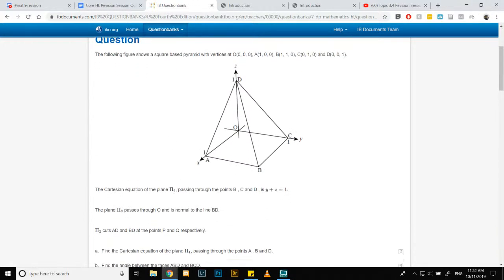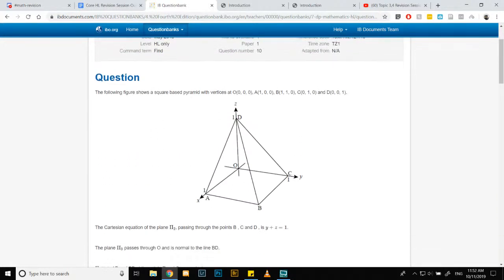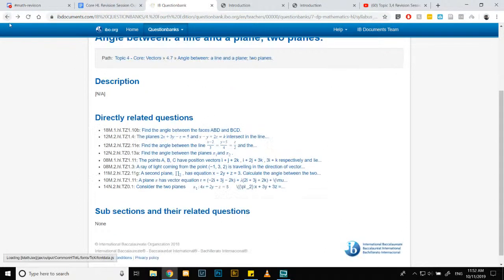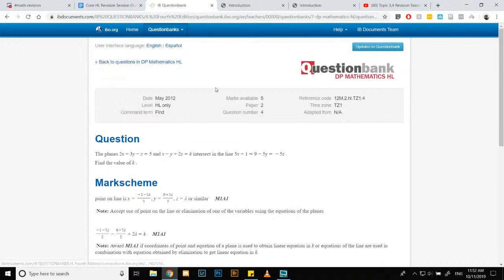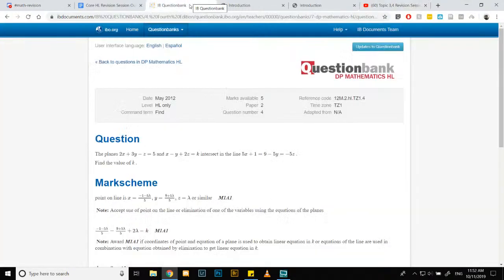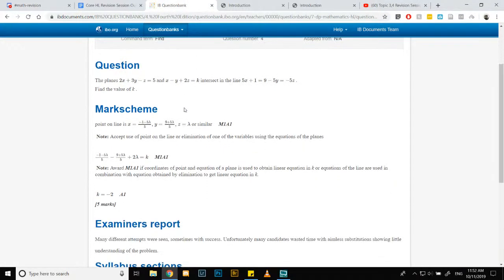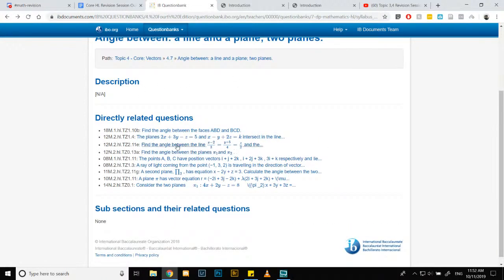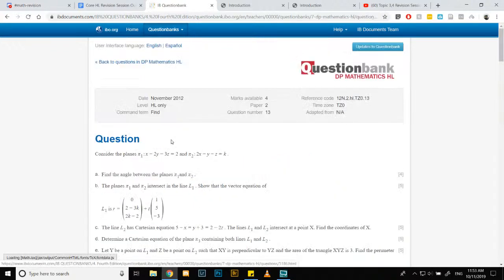Okay, yeah, this is not bad. And this one is finding the angles between different... Actually, no, I don't even want to do this one. Is anyone still watching? Yes, at least one person is watching. So your two planes intersect line. Oh, this is the exact same question. How did they get the exact same question twice? This one looks much nicer.